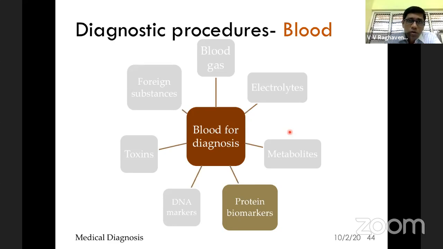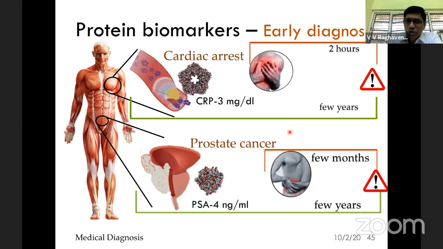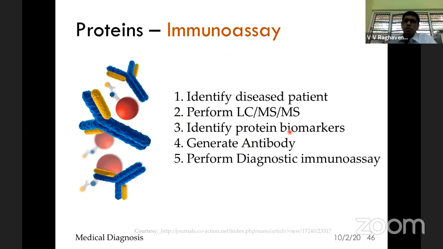In ELISA, you read color, a drop in light intensity due to color formation. Whereas in CLIA, chemiluminescence immunoassay, you see light generated as a result of the biochemical reaction. That's how CLIA is most powerful, and it is currently used in all diagnostic labs as far as protein diagnosis is concerned.